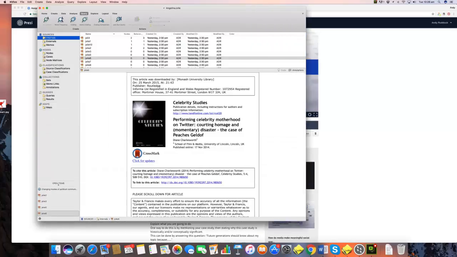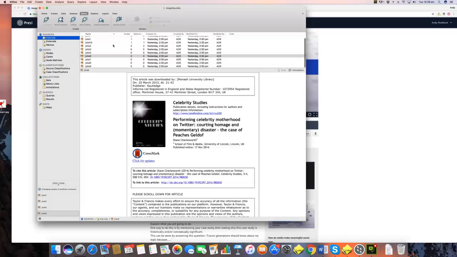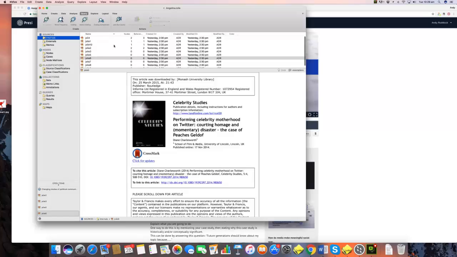A while back when I was doing some research on celebrity, I discovered that Angelina Jolie actually features in about 15% of all of the articles that have been published in this journal. So that told me that if you're looking to focus in on what celebrity is and what it does, one of the things that you could do is relate it to the topic of Angelina Jolie.